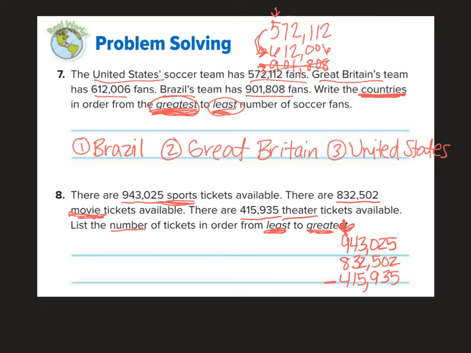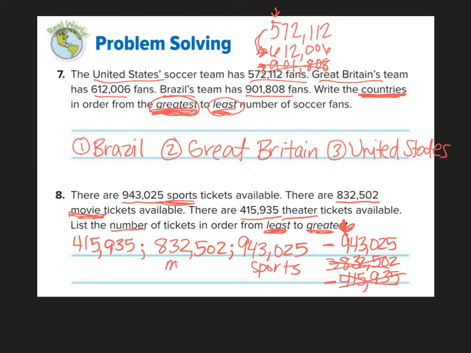Least would be 415,935. Least. Then I'm going to do my semicolon. Okay, then we're going to have 832,502, semicolon. And lastly, 943,025. So this was sports, this was movie, and this was theater. Very neat.